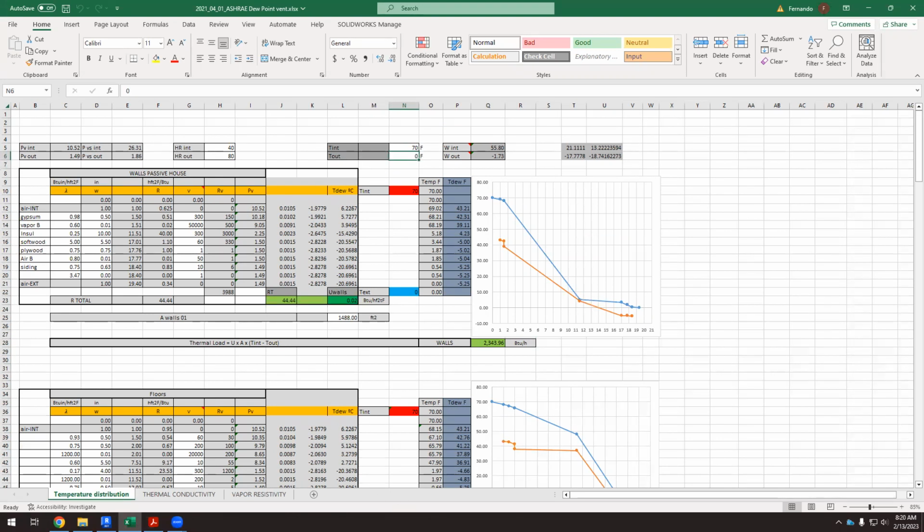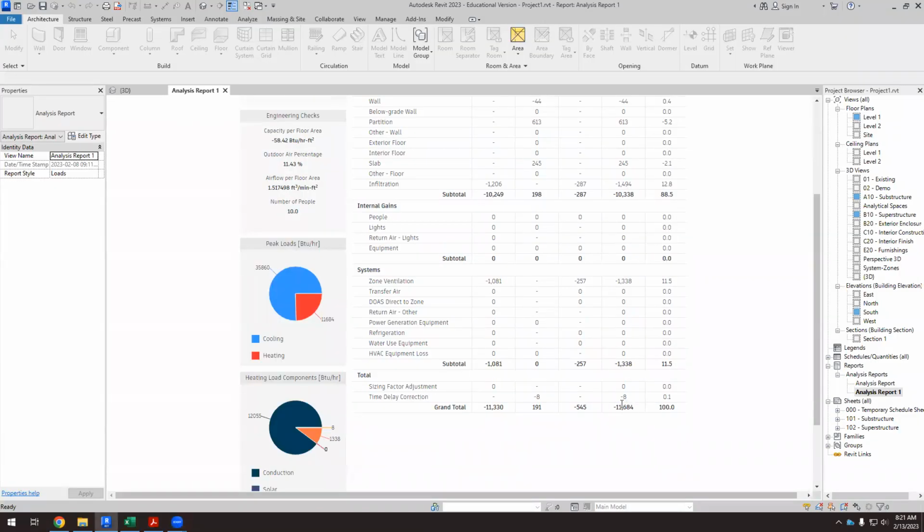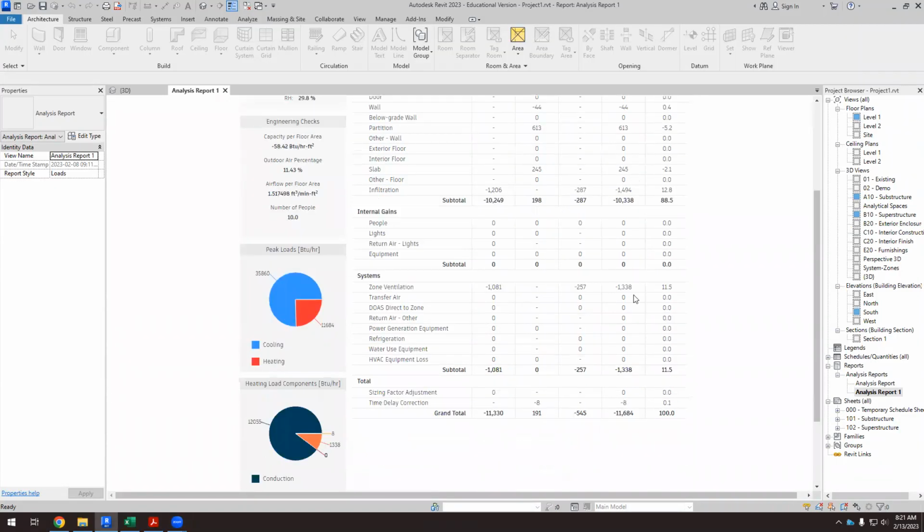Revit runs this analysis millions of times a year, and then to select the maximum heating load, it selects the coldest day, or the day in which those heating loads are the maximum. And when is it?